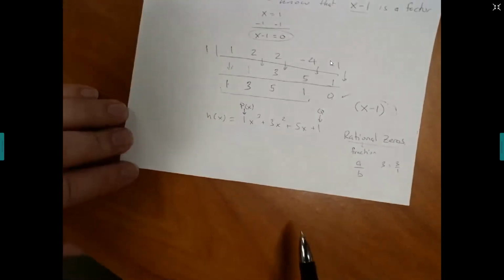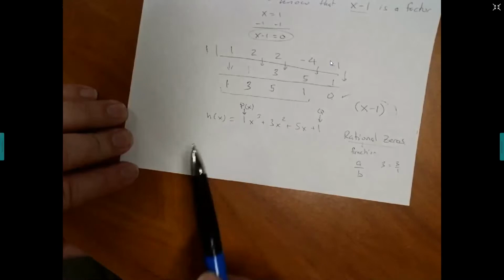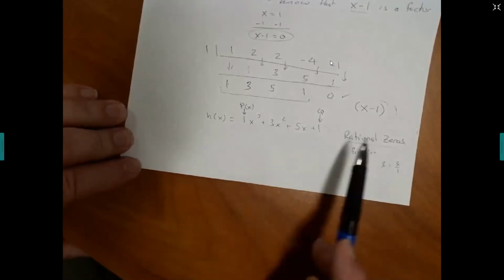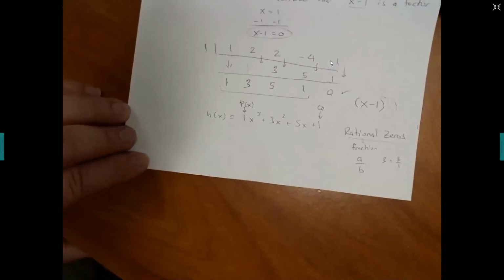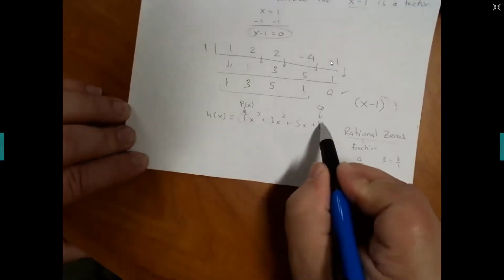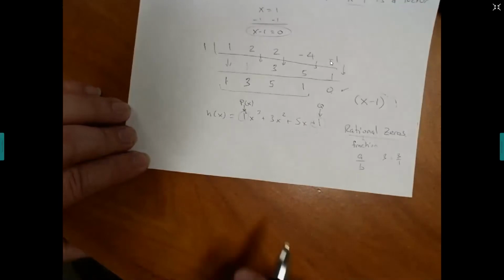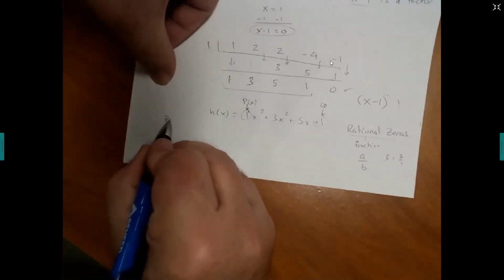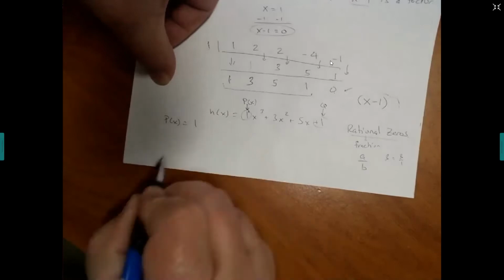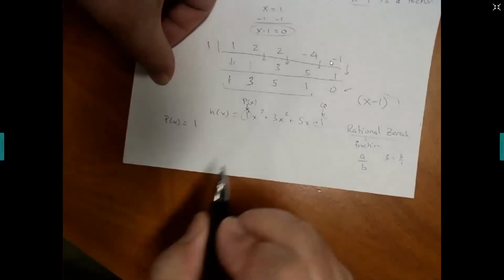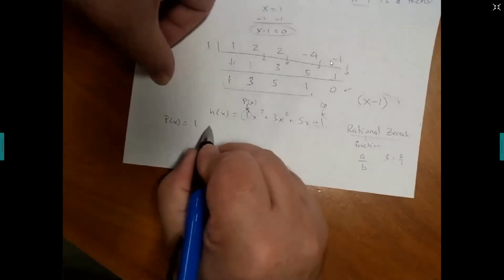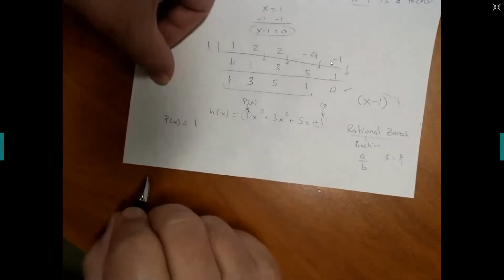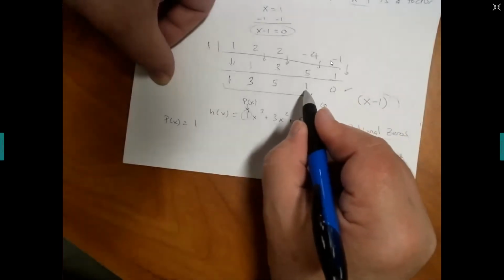What we're going to do here is, because there are an infinite number of combinations we could put in here, we have to narrow it down. We narrow it down by looking at only the first and last numbers. We take the leading number, 1, and factor it out. What are all the possibilities that can fit in there? It's just 1, can't break any further. How about the last number, 1?